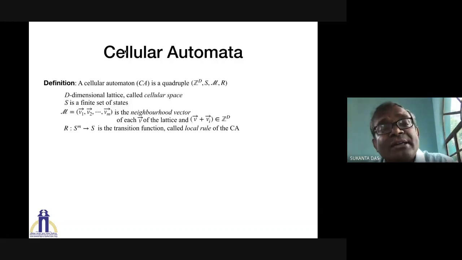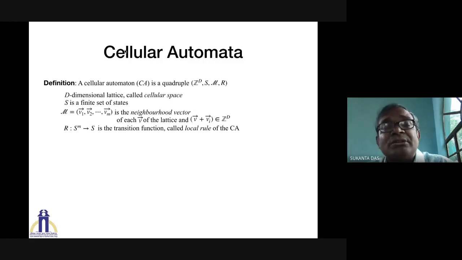What is that? It says that for each v in Z to the power d, v plus vi also belongs to Z to the power d, which is obvious, and this M is called the neighborhood vector.